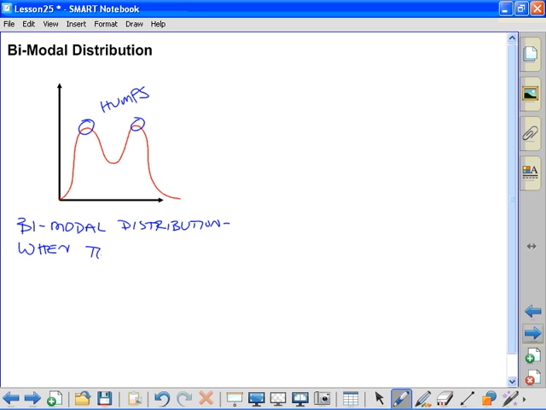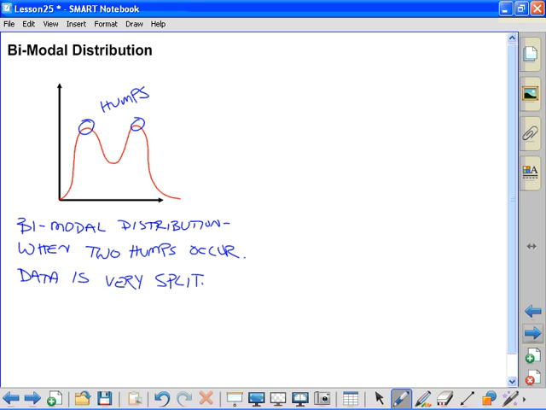When two humps occur, it means your data is kind of split. We've got two groups within that group, so the data is split.